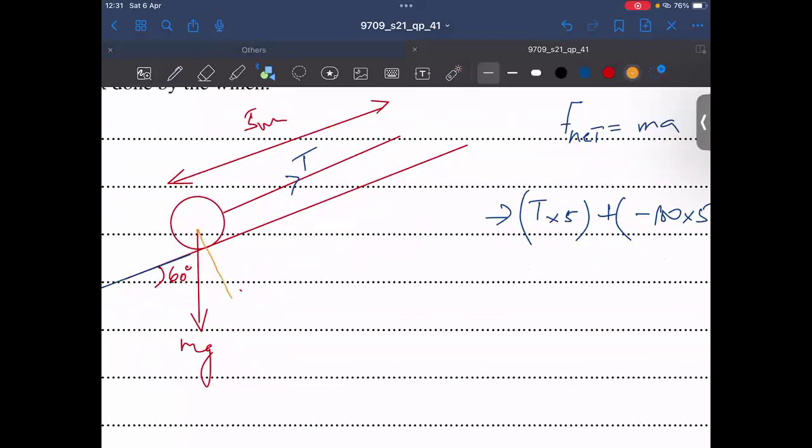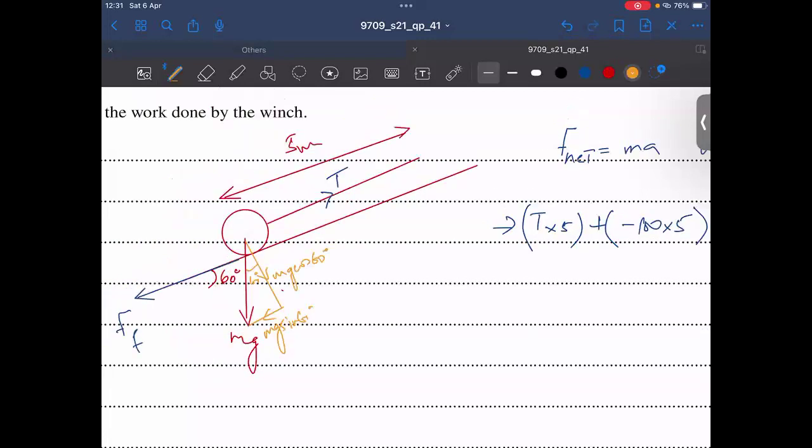We're going to resolve this force of gravity into two components. This is going to be 60 as well. There's going to be mg cos 60, and this is the opposite component, which is mg sine 60. So you have this component of the force of gravity acting along the plane.